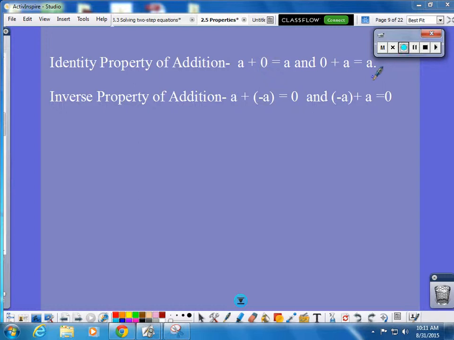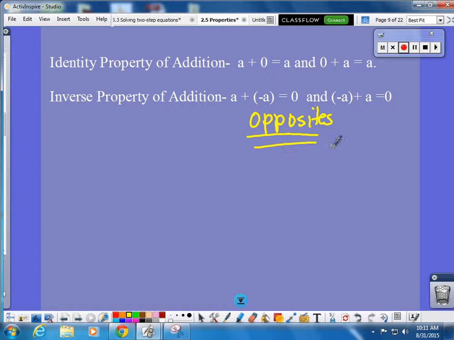Alright, the inverse property of addition, the key word here, instead of reciprocal, is opposites. Opposites. So if I have a number like 7, and I add it to its opposite, -7, I always get 0.